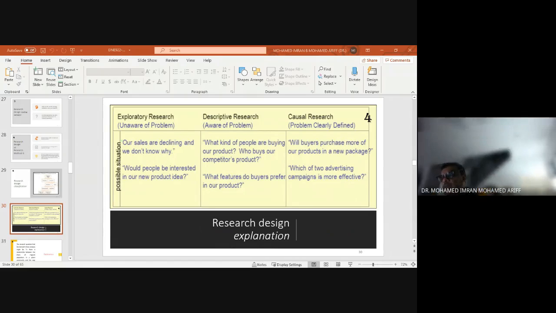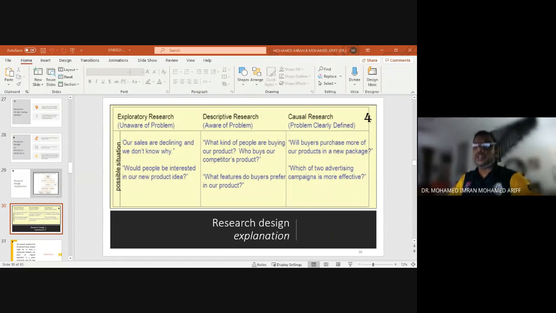Okay, so at least I know your field. Saya takut nanti saya explain tak kena pula, saya bagi examples yang tidak kena pula. So let me know if you want some examples based on your field, so that saya boleh tailorkan examples supaya kena kepada your field.